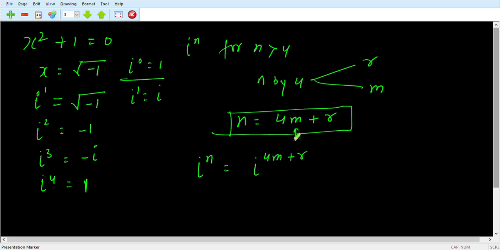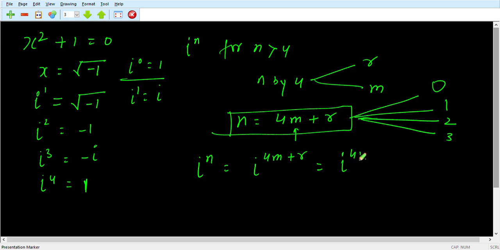We know that if I divide a natural number n by 4, the remainder will be only 0, 1, 2 or 3, right? So this expression can be further explained this way: iota to the power 4m into iota to the power r. Iota to the power 4m can be written as iota to the power 4 to the power m, and we know that iota to the power 4 is 1.